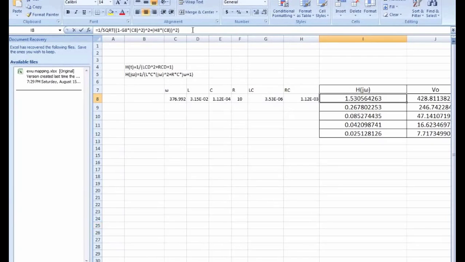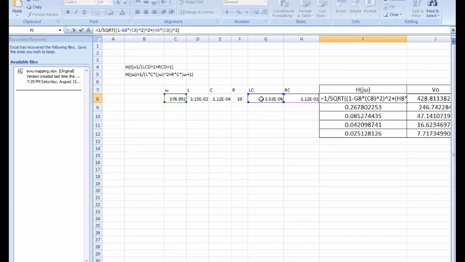Can you see this? Can you see my cursor points? SQRT is the function in the Excel sheet that makes the square root. Understand? So 1 minus G8. G8 means LC.